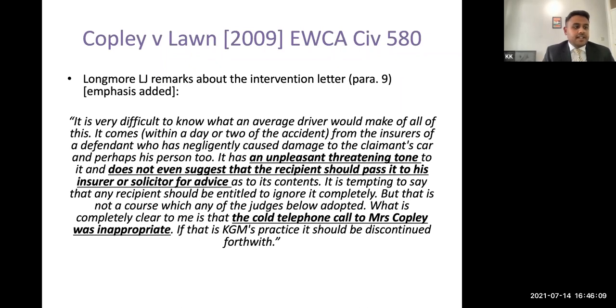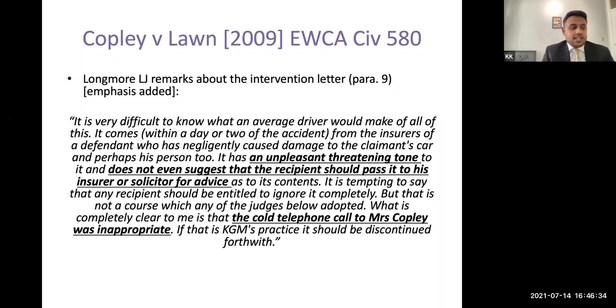He also noted the fact that there was no suggestion that the recipient should pass it to his or her insurer or the solicitors for any advice as to its contents, particularly given that effectively from a claimant's point of view, you might be thinking that this is information overload when you receive an intervention letter.